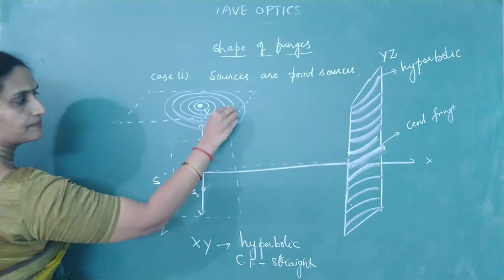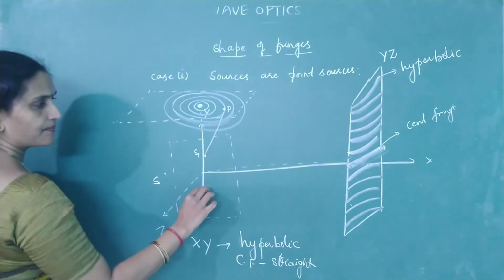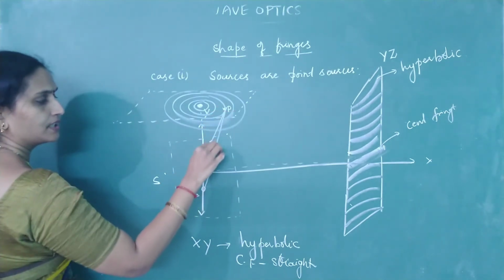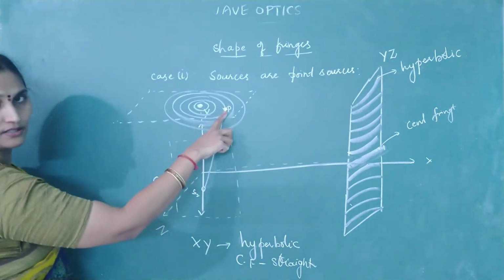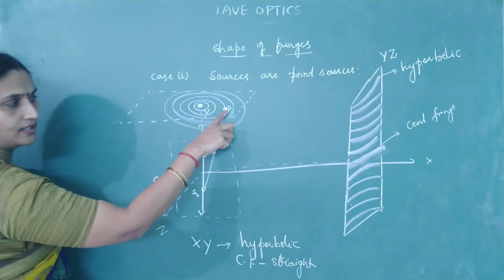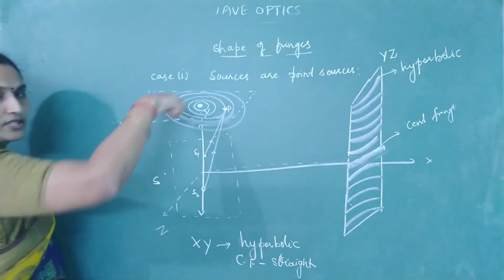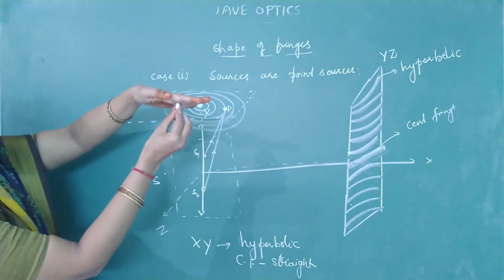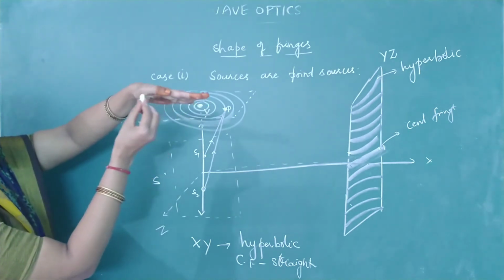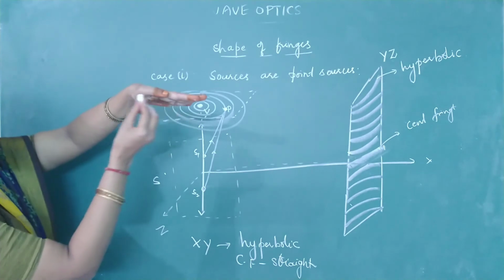How do you justify that they are circles? Select a point P, with S1P and S2P. Suppose the path difference satisfies the condition for a bright fringe here. So this point is bright. Throughout the circle, the path difference remains the same. So if this point satisfies the path difference for constructive interference, throughout the circle the same condition is satisfied.